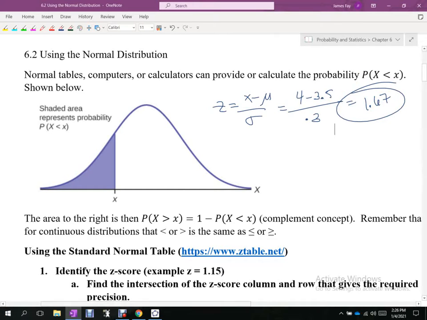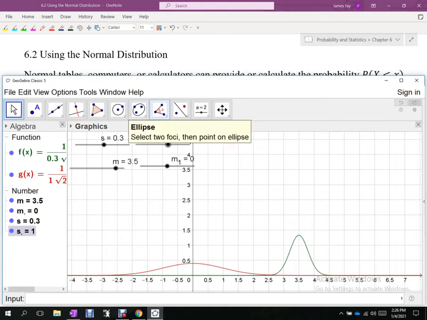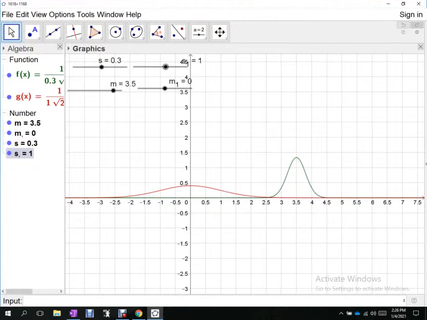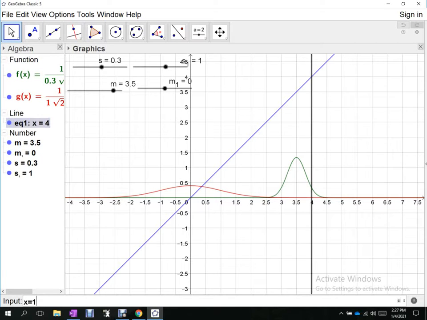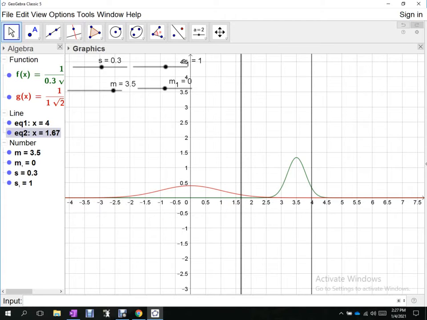So when we look at this right here, a data value of 4 would show up right there on that green curve, right? That data point is transferred down to x equals 1.67 right there on the red curve. Does that make sense to everybody?